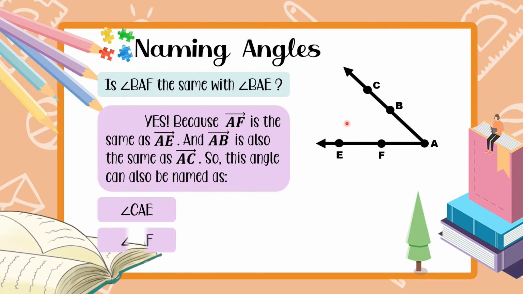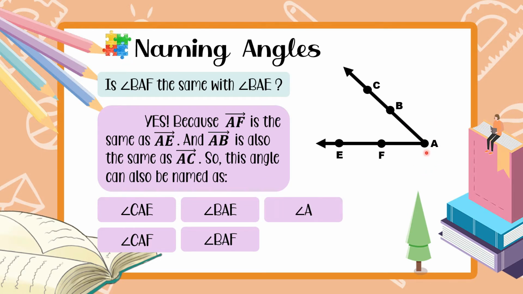Pwede din yan angle CAF, pwede rin angle BAE, pwede rin angle BAF. Or, dahil nag-iisang angle lang siya sa vertex A, pwede natin siyang tawagin din na angle A.